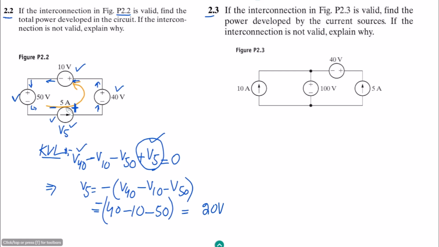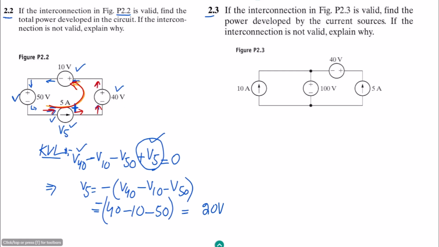Now in order to see which are the developing and which are the absorbing sources, according to this current, here the current is entering through the negative and coming out of the positive. Here again, current is entering through the negative and coming out of the positive according to this current direction.